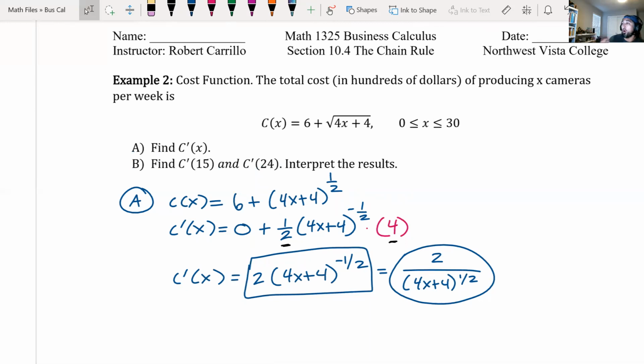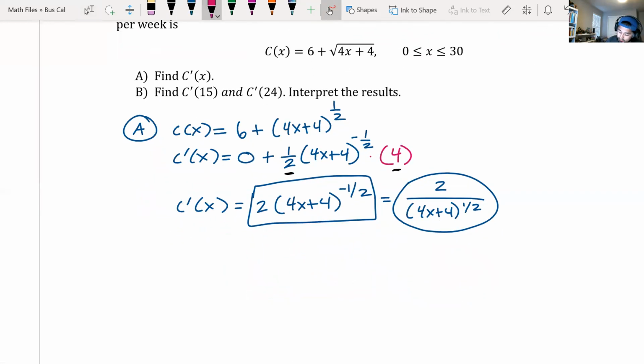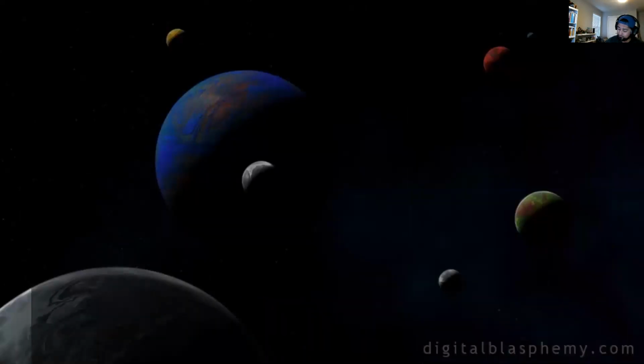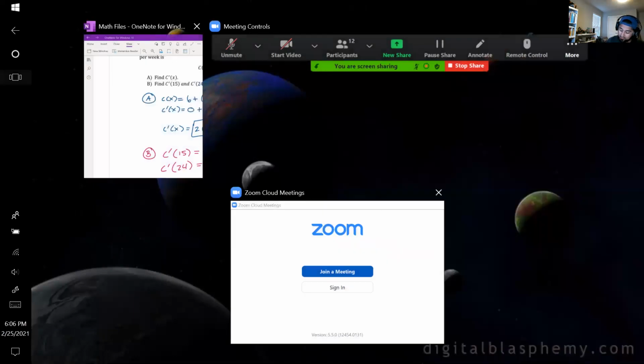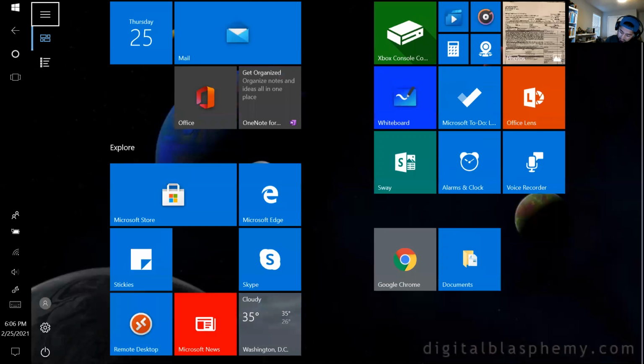And now B, all it wants us to do is plug in 15 and 24, and interpret, of course. So B, C prime of 15, C prime of 24. All right, and Desmos time, why not? I don't even have it open. Oh my goodness, this thing keeps freaking out on me.